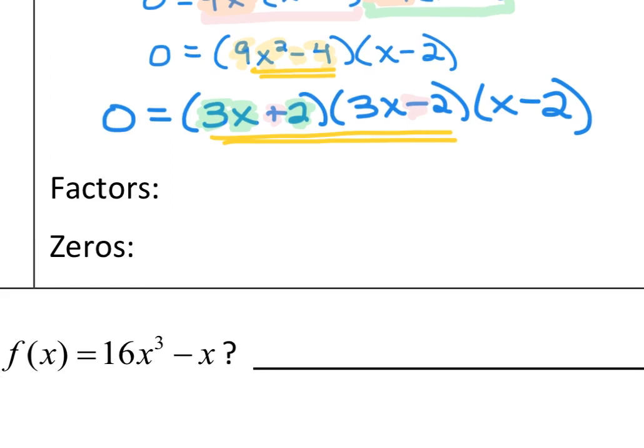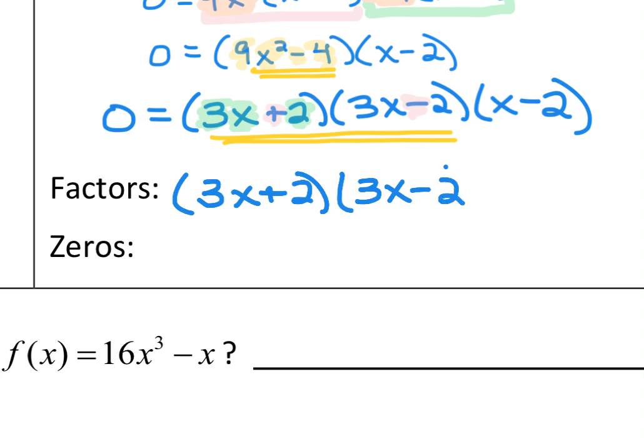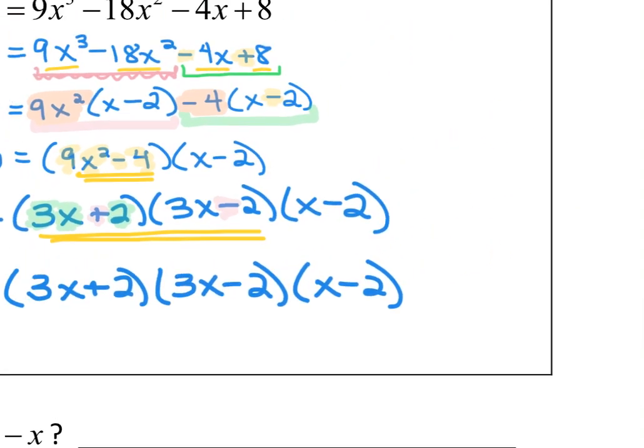So the factors that I'm going to write down here are just those 3 factors, 3x plus 2, 3x minus 2, and x minus 2. And then I have to solve for each of those set equal to 0, and I kind of didn't leave myself enough space here. So let me go up and do that off to the side. I have big, huge margins, and you don't.